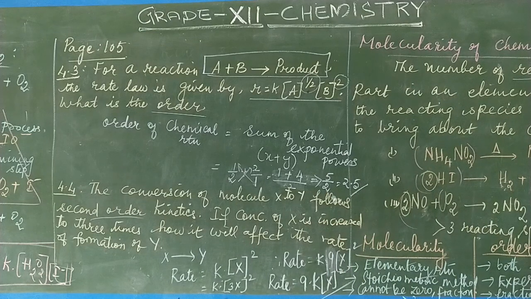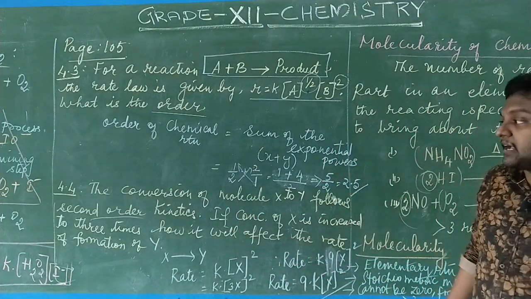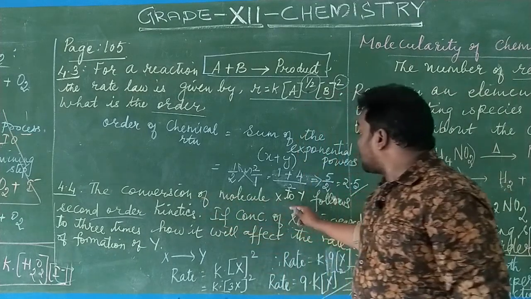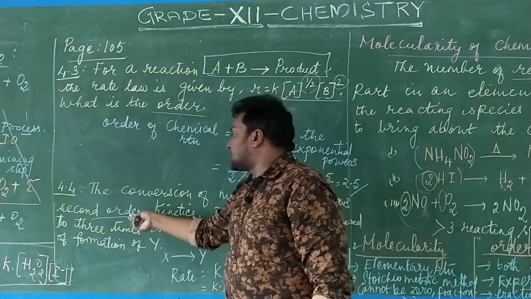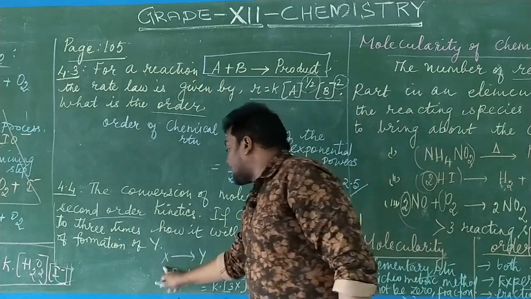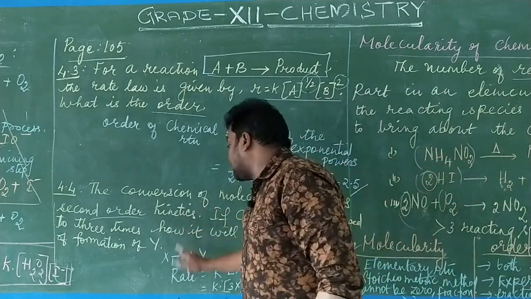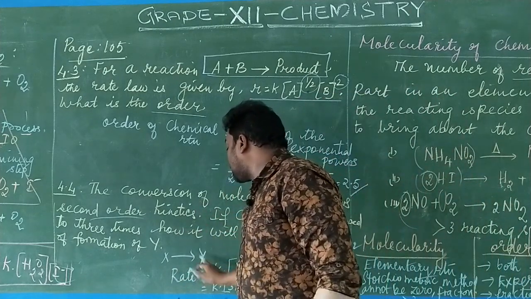Read the question, and write down the steps according to the question, then it will become easy. So the conversion of molecule X to Y follows the second order kinetics. We write X giving rise to the formation of Y, follows the second order kinetics. Since X gives rise to the formation of Y, we can write the rate expression.